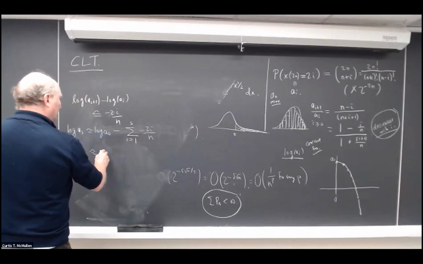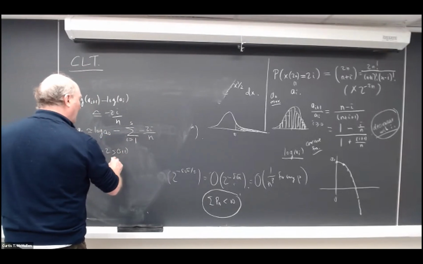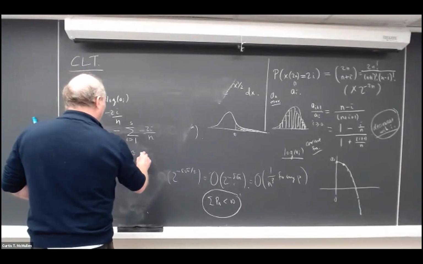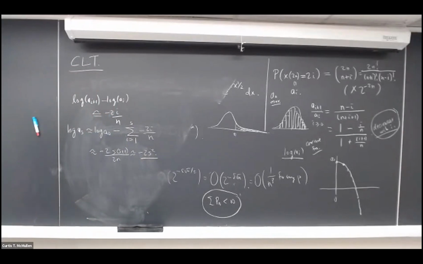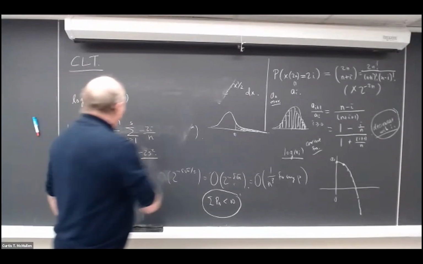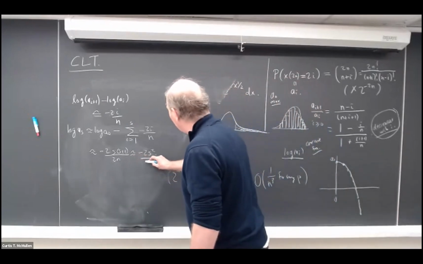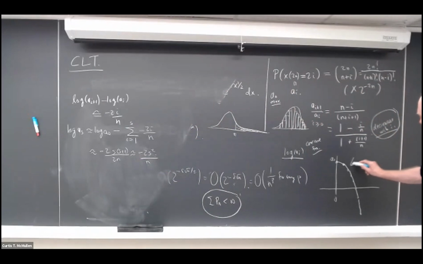So this is approximately minus 2s times (s plus 1) over 2n. So it's approximately, let's just say, minus 2s squared over n. Our conclusion is that this graph here looks like a parabola.